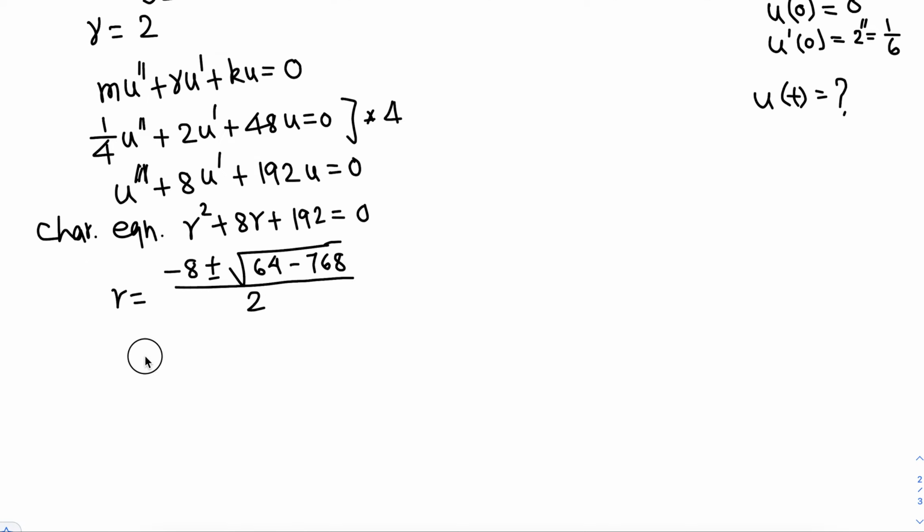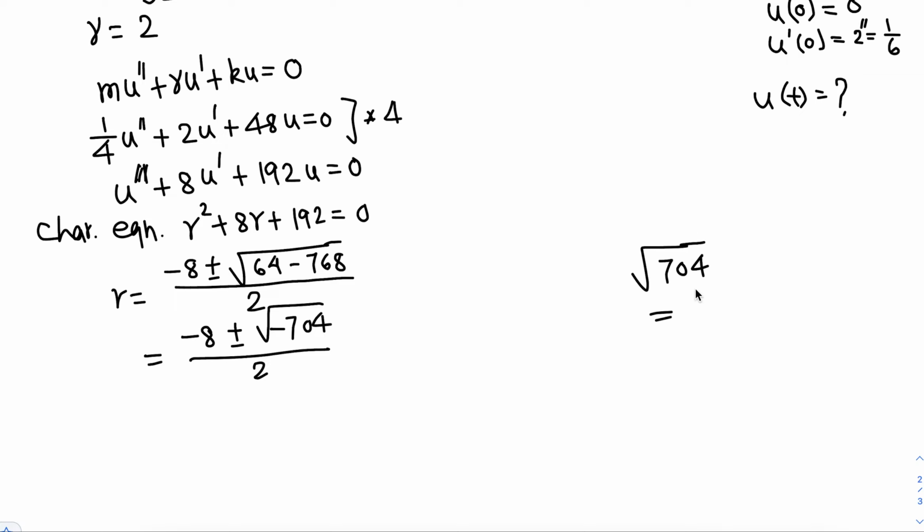Negative 8 plus minus square root of 64 minus 768, that's negative 704, over 2.